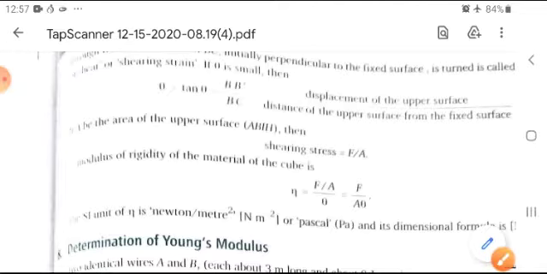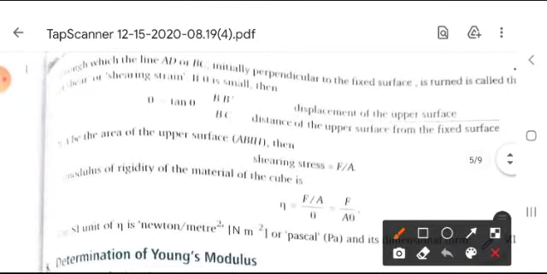Theta is approximately equal to tan theta, because theta is very small. Tan theta is equal to displacement of the upper surface divided by distance of the upper surface from the fixed surface. So we get shearing stress F upon A and shearing strain, that is theta.